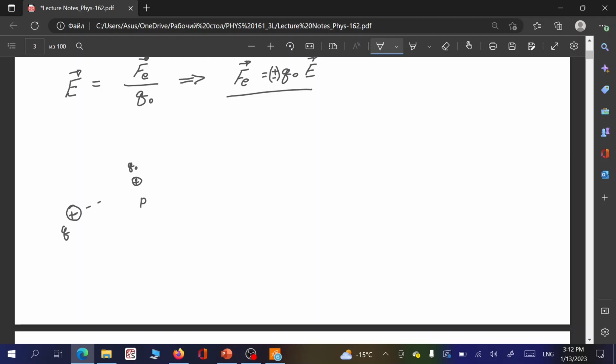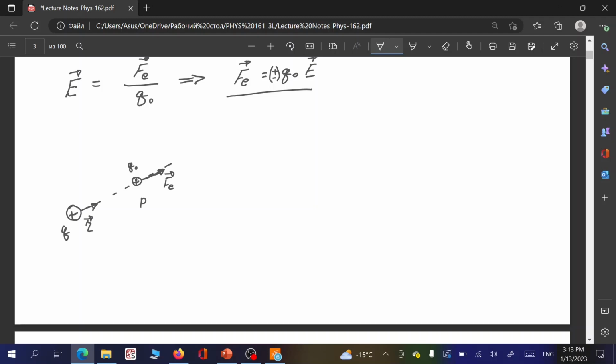So if we draw a line between these charges, then we know that there will be some electric interaction and there will be an electric force which is attractive or repelling. These are two positive charges, which means they will repel from each other. So the force will be in this direction, the electric force vector. Here will be our unit vector.